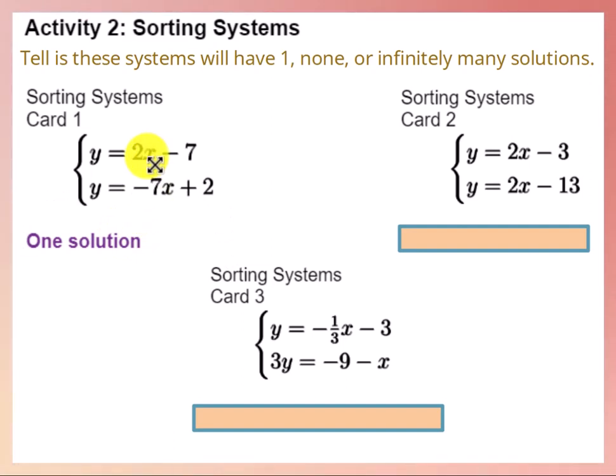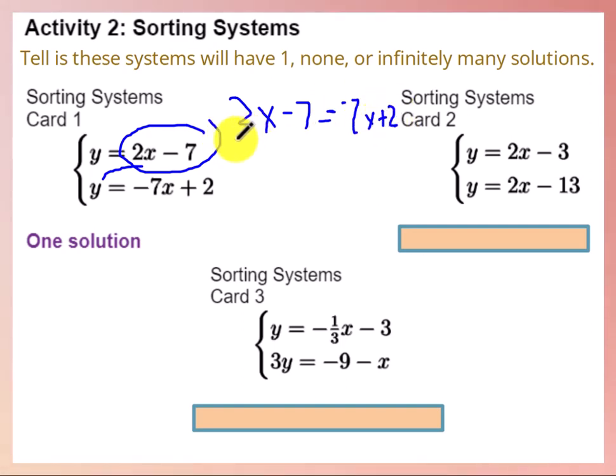Okay, if you solve it, let me see how I would do that. Because I have y equal and y equal, I'm going to substitute this in for y and write it as 2x minus 7 is equal to negative 7x plus 2.